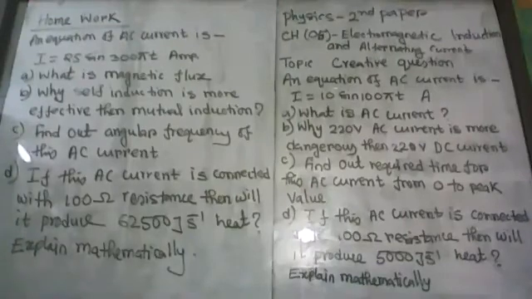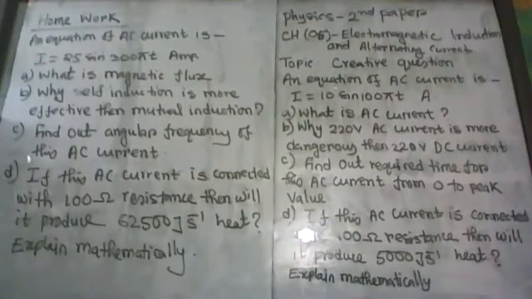Question number A. What is magnetic flux? Question number B. Why is self-induction more effective than mutual induction? Question number C. Find out the angular frequency of this AC current.